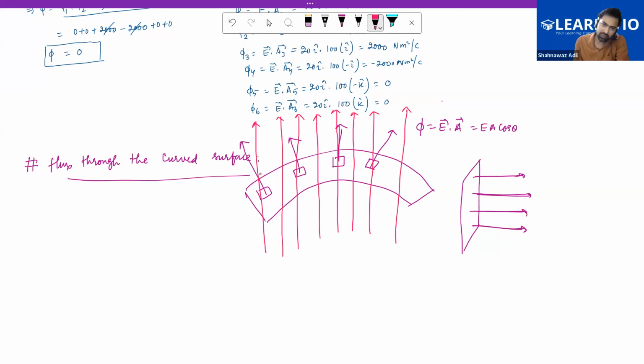Now you see that for this one, this is the angle theta. This one, this is the angle theta. This one, this is the angle theta. So what is happening? Theta is always changing in this surface.